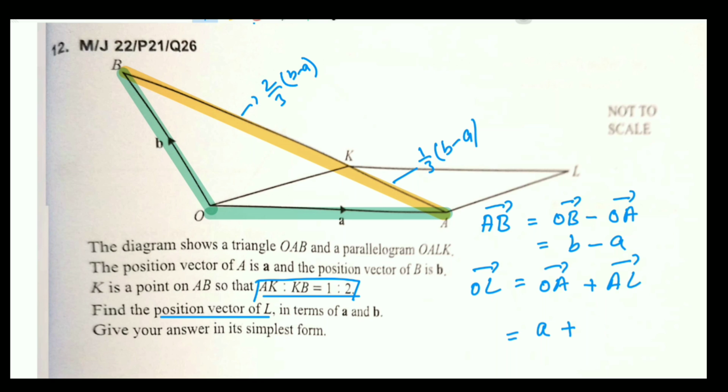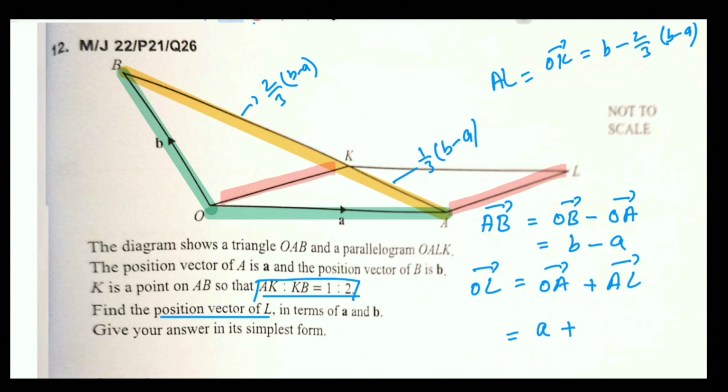So what is OK? OK is equal to b minus 2/3 of b minus a. So OK is equal to AL, because these two sides are corresponding sides of the parallelogram.